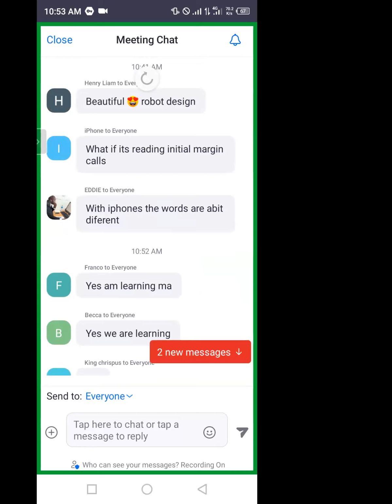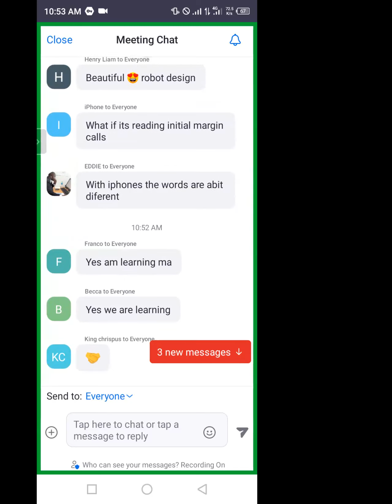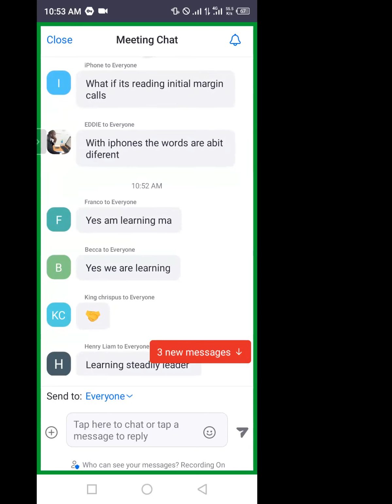Eddie says, with iPhones, the words are a bit different. Which words, please? You can let me know so that we get to know. Or even Ed, you can unmute since you are using iPhone, and tell us which words you mean.